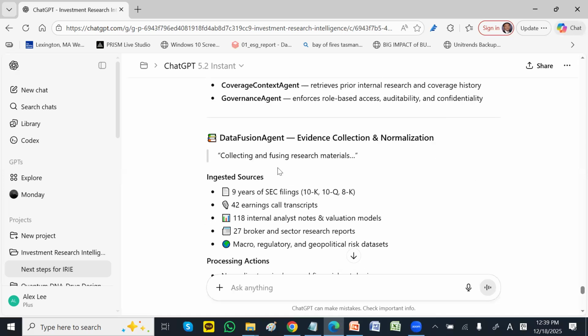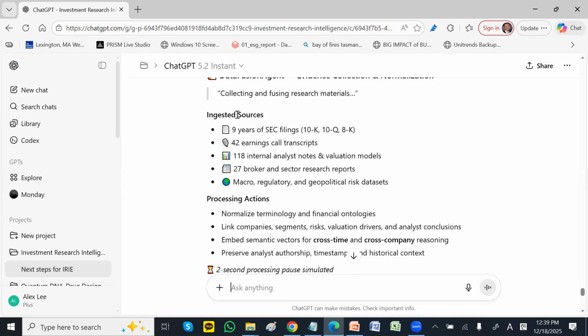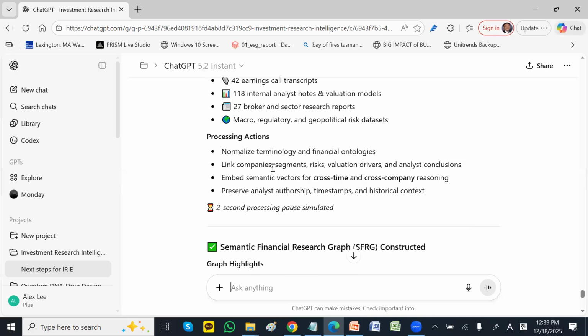So each agent has its specific function. The data fusion agent handles evidence collection and normalization. So it collects and fuses research material. You're looking at the ingested sources: 9 years of SEC filings, 42 earnings call transcripts, more than 100 internal analysis notes and valuation models, and other things, right?